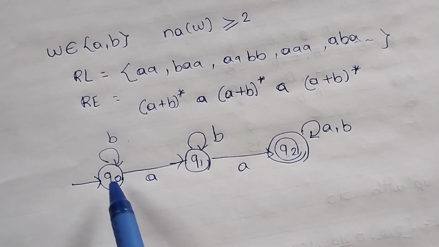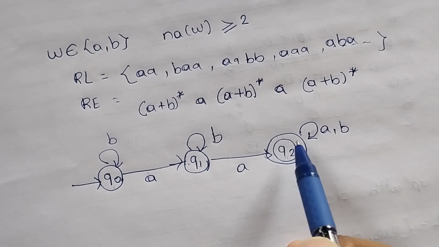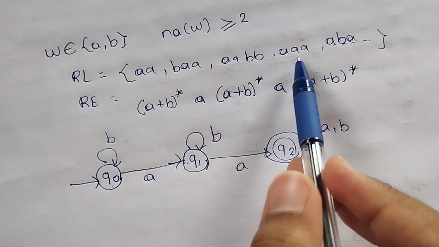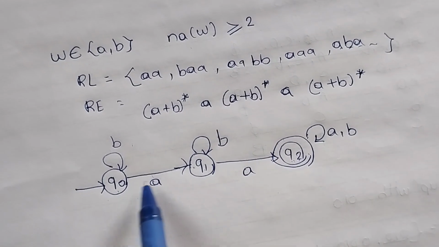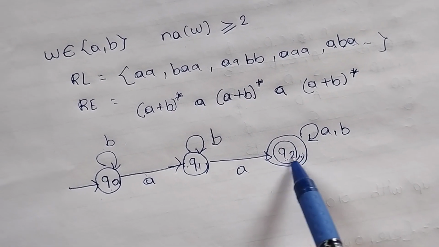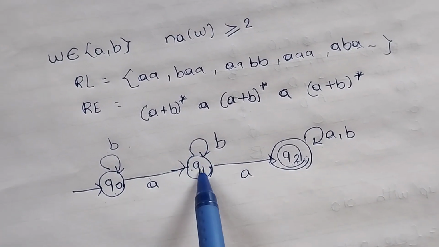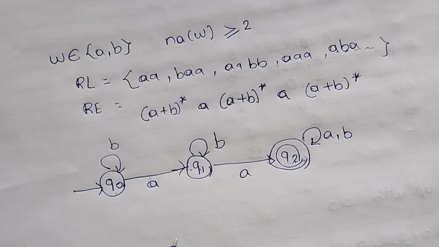AABB: the A and B are read by Q2 itself. Three times A: the third A is read by Q2 itself. Then ABA: A, B, A is accepted.